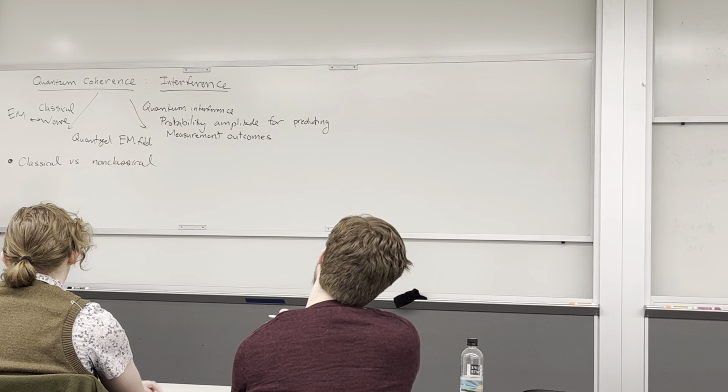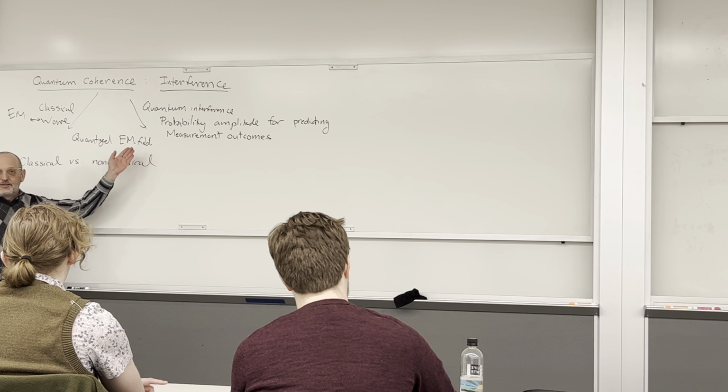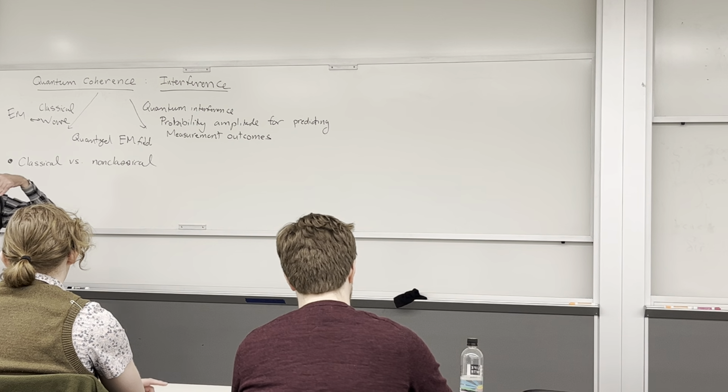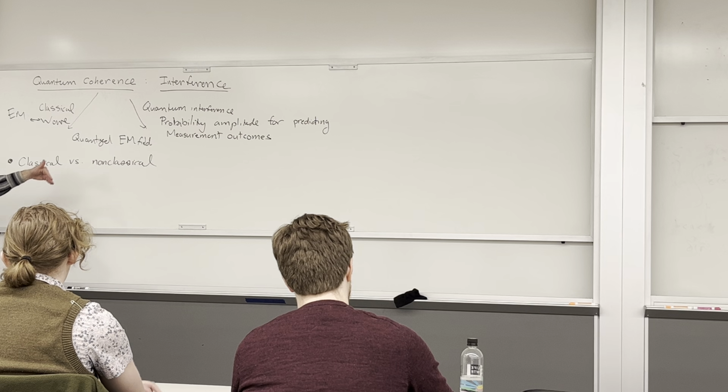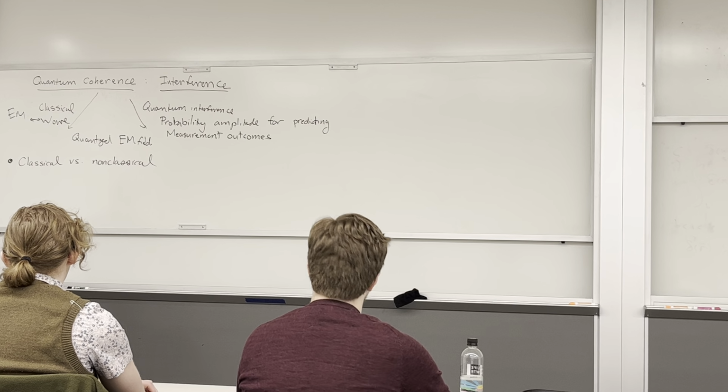Under what conditions do we need to quantize the field? And in what situations can we get away with the classical description of the field, and the interference phenomena that we see are associated with those?